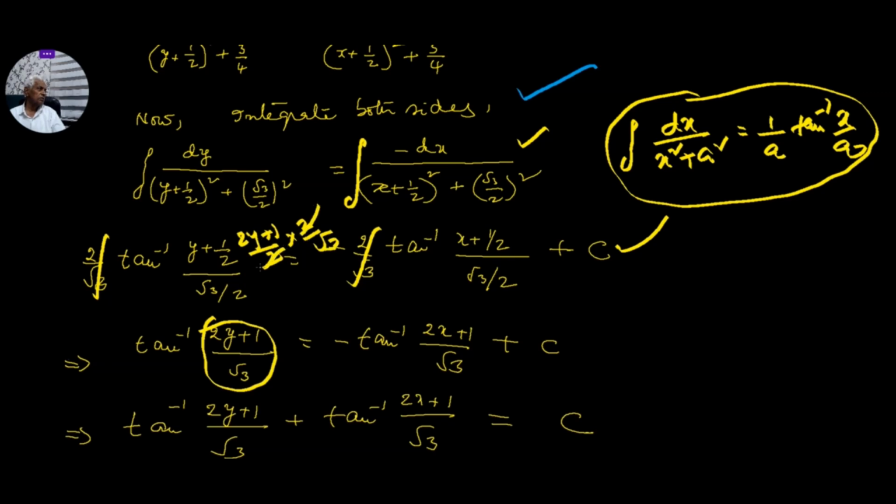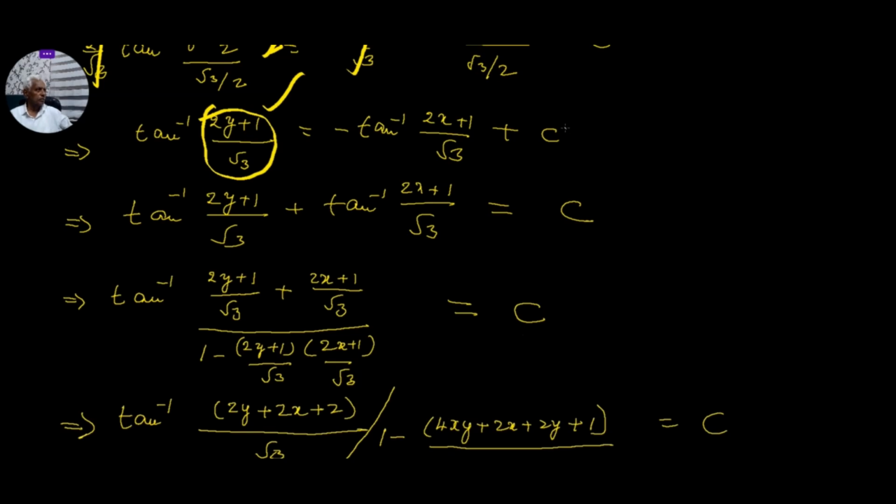So this (2y plus 1) by root 3 is equal to minus tan inverse (2x plus 1) by root 3 plus c. We come up to here, right? Now, next step. Tan inverse (2y plus 1) by root 3. I am getting this minus tan to this side, plus tan inverse (2x plus 1) by root 3 equal to c.